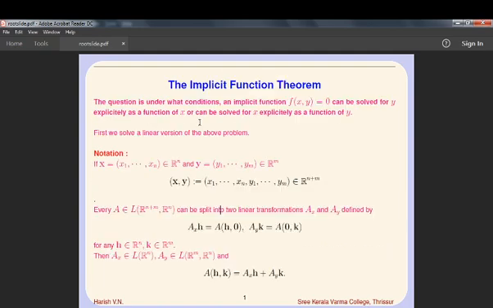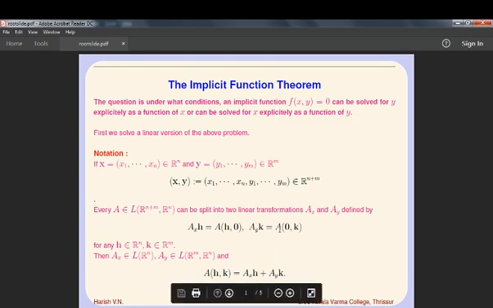How do I do? Look at A of h comma 0, and then look at A of 0 comma k, where this 0 is the 0 vector in Rm and this 0 is the 0 vector in Rn. And this expression I am denoting by AXH, and this expression on the right side I am denoting by AYK.